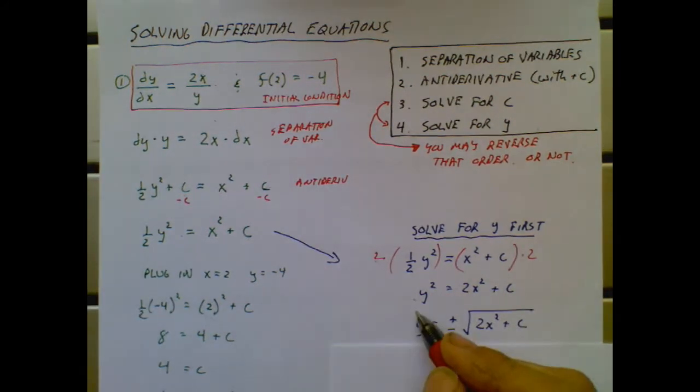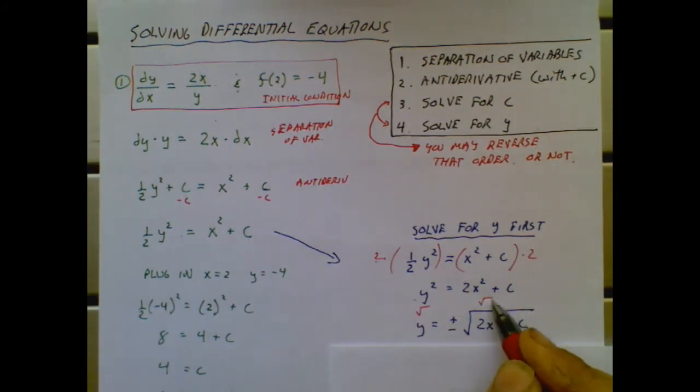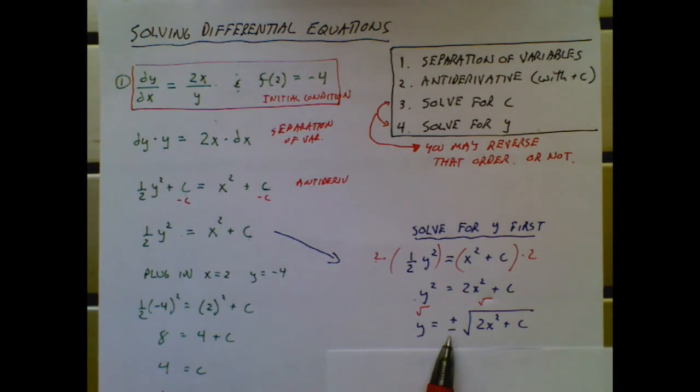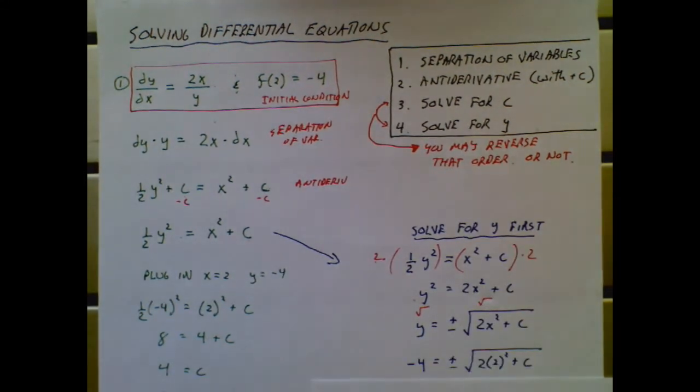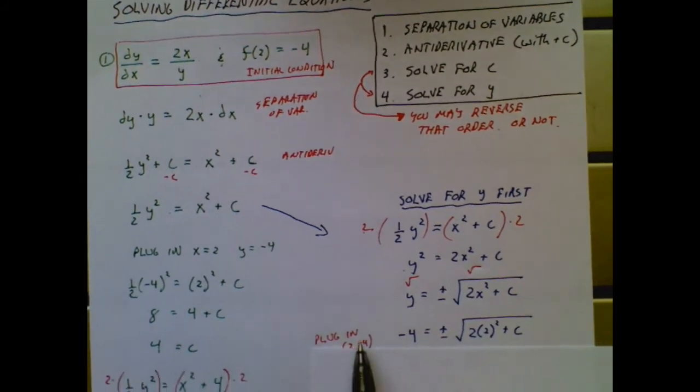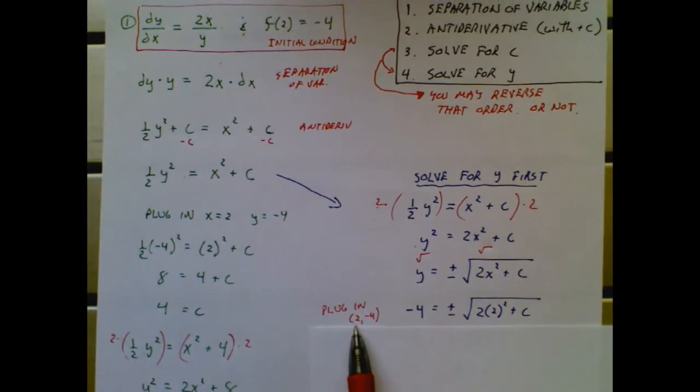Now breaking out my algebra, I square root both sides, and I still haven't solved for c. Remember, now I've solved for y, so I've done that one first. So what I do is I plug in my x comma y initial condition.